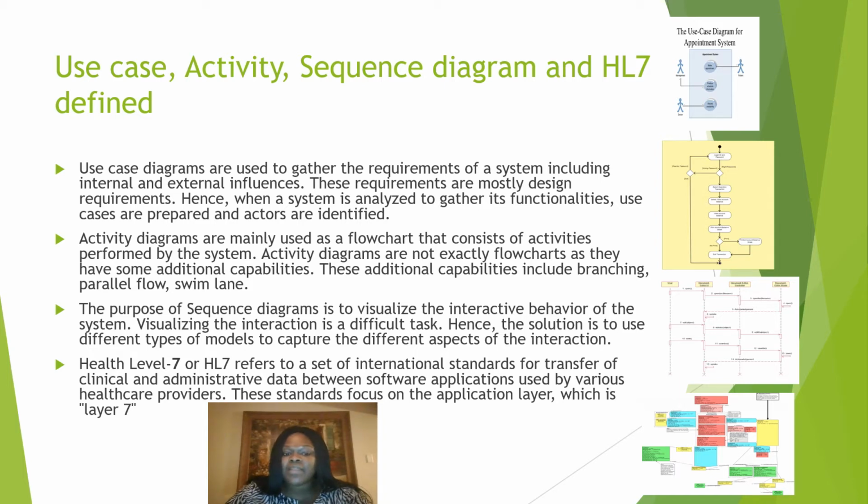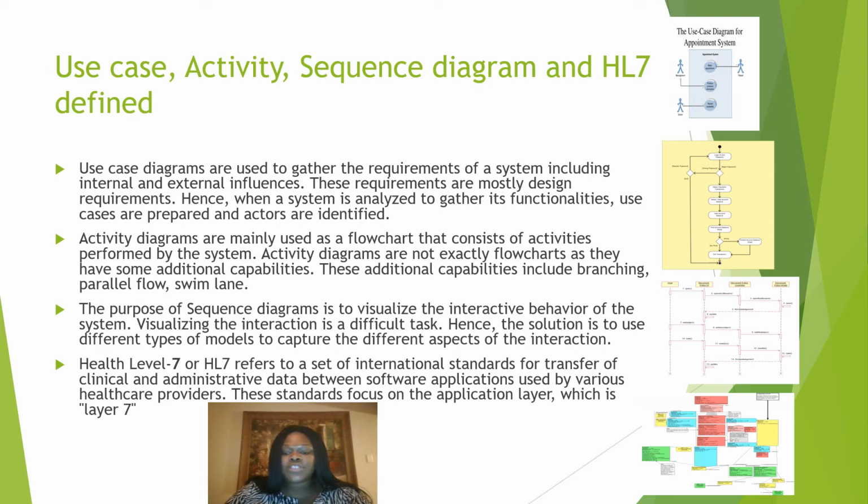Activity diagrams are mainly used as a flow chart that consists of activities performed by the system. Activity diagrams are not exactly flow charts as they have some additional capabilities. These additional capabilities include branching, parallel flow, and swim lane.